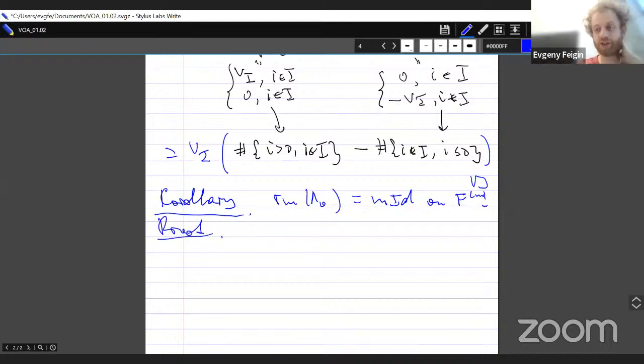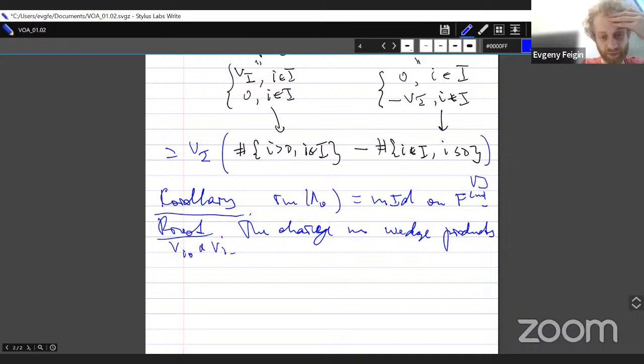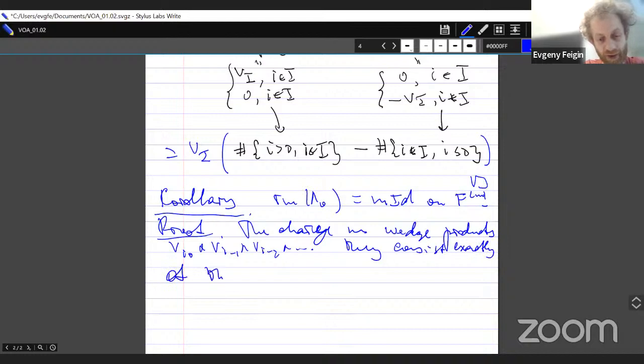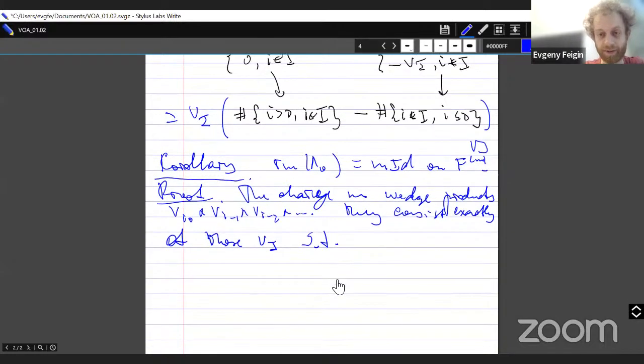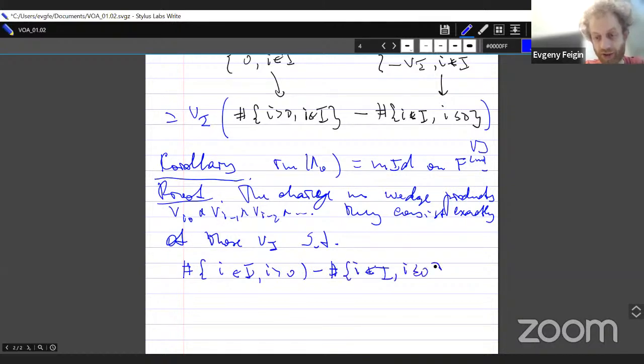so maybe we didn't say it like this last time, but let me say it now that the charge m Verge product, so on, they consist exactly of those v_I such that the number of i in I greater than 0 minus the number of i not in I less or equal than 0 equals m.